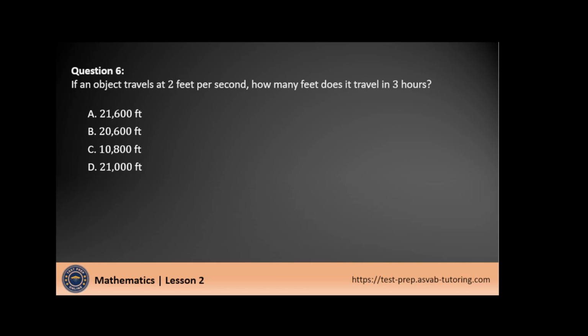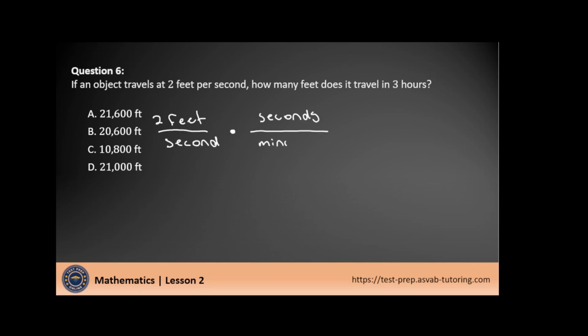Question 6. If an object travels at 2 feet per second, how many feet does it travel in 3 hours? So we have our ratio, feet per second. If we want to turn that into feet per minute, we're going to multiply by seconds over minutes.